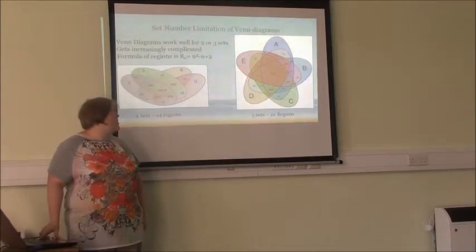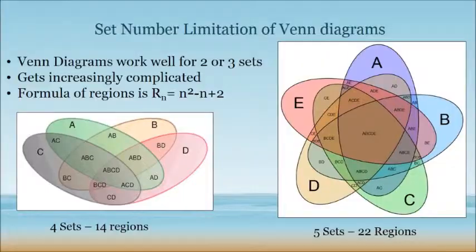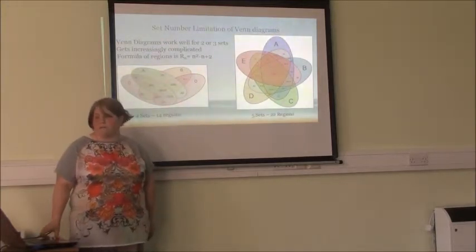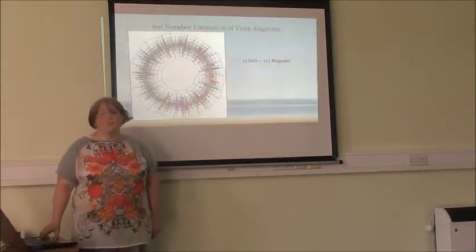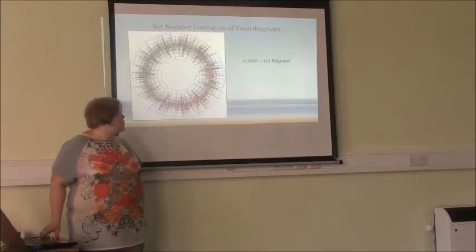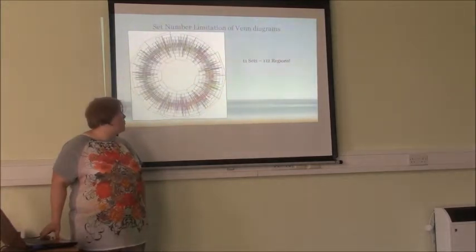At 5, you get fairly lost already. And the most I've ever been able to create a Venn diagram for is 11, and it looks a little something like that, which I'm sure you'll agree is far too complicated for words.